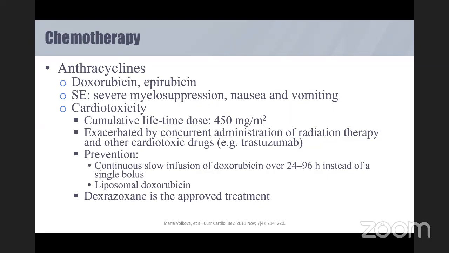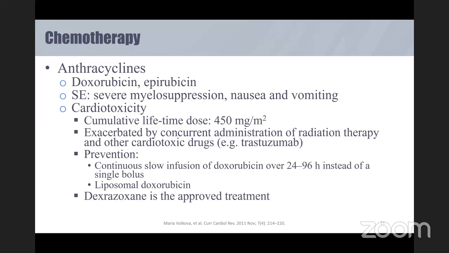Also one of the most common، مو common بس يعني serious side effects من الانثراسايكلينز الكارديوتوكسيسيتي و it's a dose related. ال cumulative lifetime limit dose تكون 450، بس تبدأ توكسيسيتي تظهر ممكن بعد 200 ملغرام بير متر سكوير، فتبدأ يكون في more regular monitoring بعد 240.